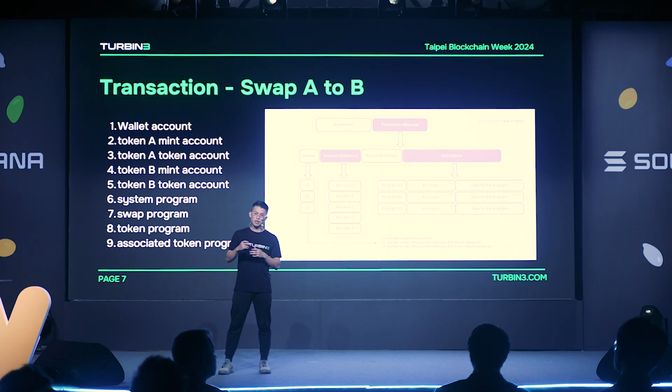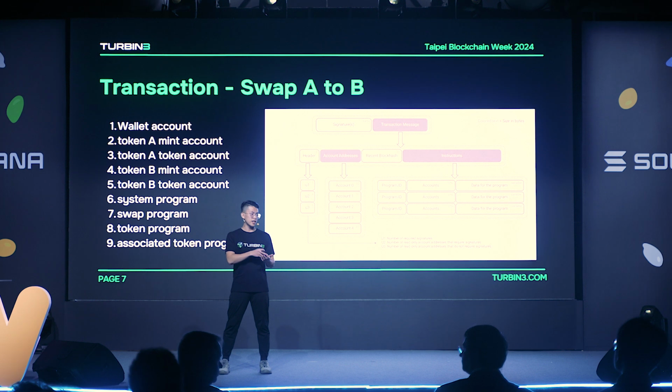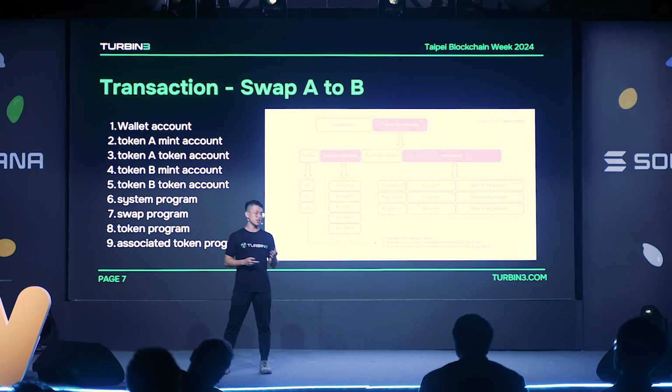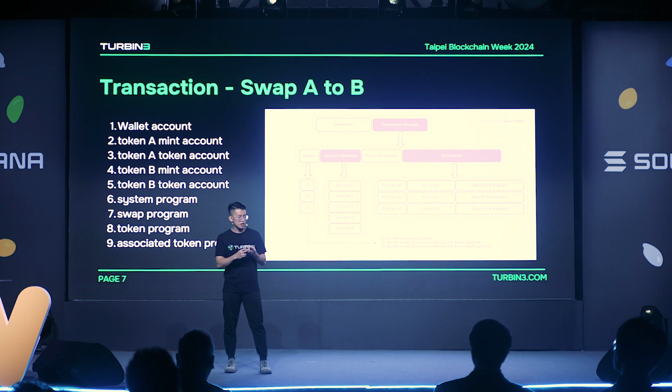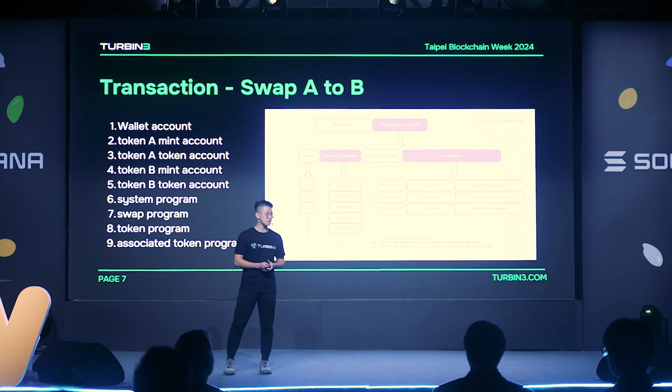It's quite different from Ethereum, where you deploy a contract like ERC20 for a token. But in Solana, if you want to create a token, you just mint a token out, and the token will be minted to your token account. So to swap token A to token B, you need to include the mint account and the token account, and also the program you're going to use.